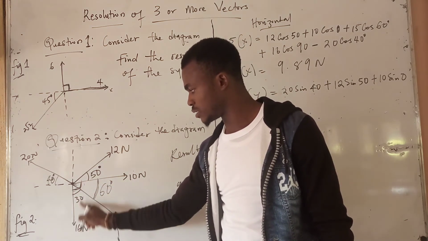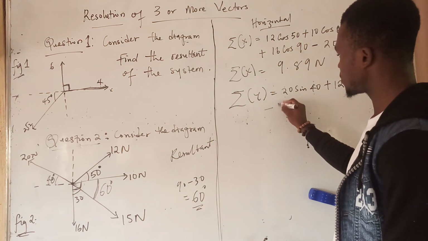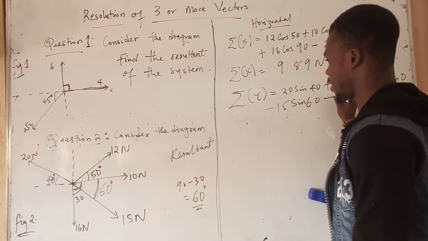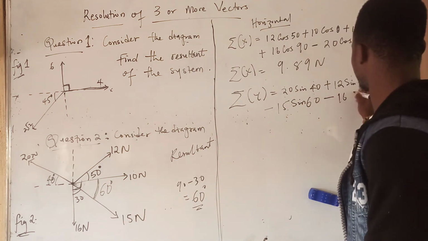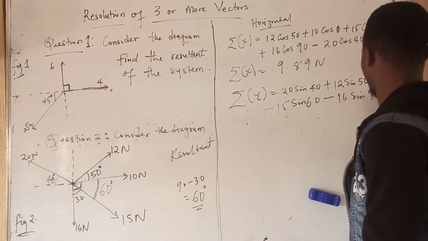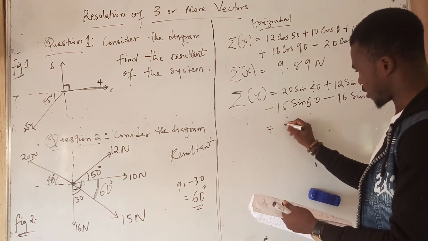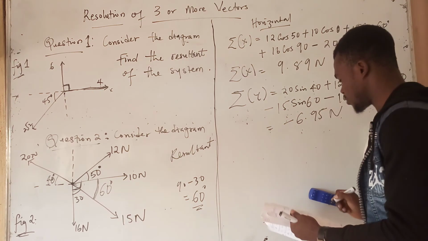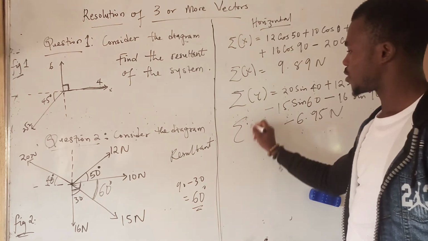So we write minus 15 sine 60 minus 16 sine 90. When you check that in your calculator, you get minus 6.95 Newton. That is the sum of y.